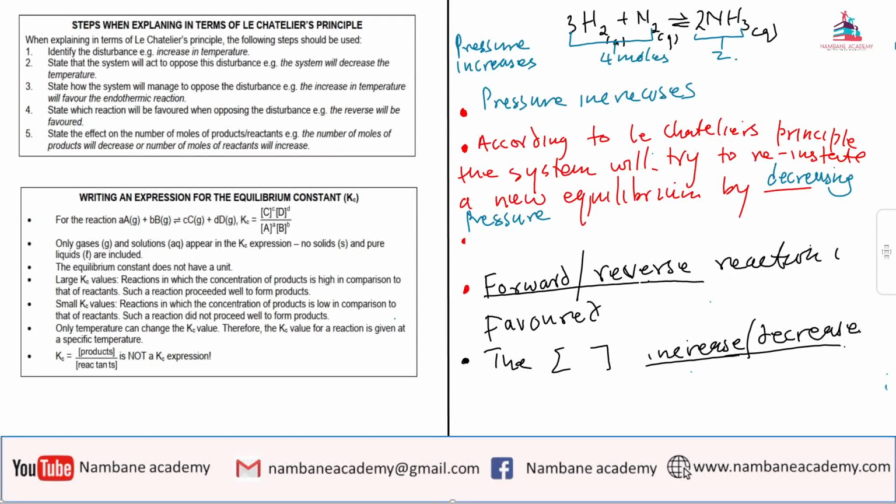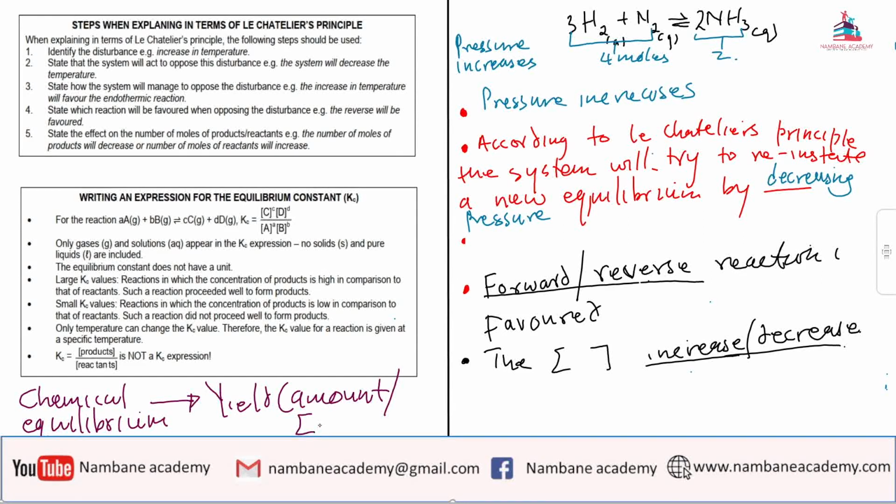Let's check. Remember Le Chatelier's principle and chemical equilibria. Let me write it here. Chemical equilibria is focused on what we call the yield. Yield is amount. Amount is actually concentration.